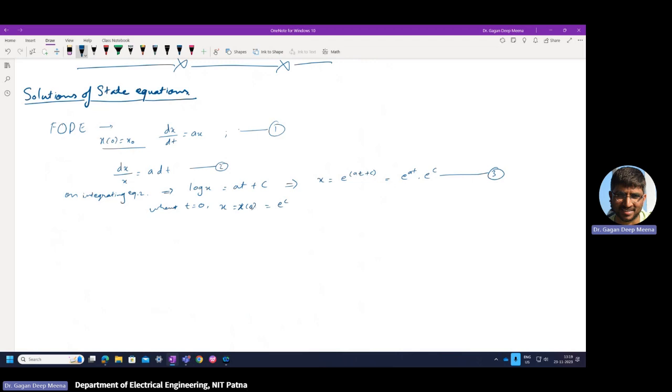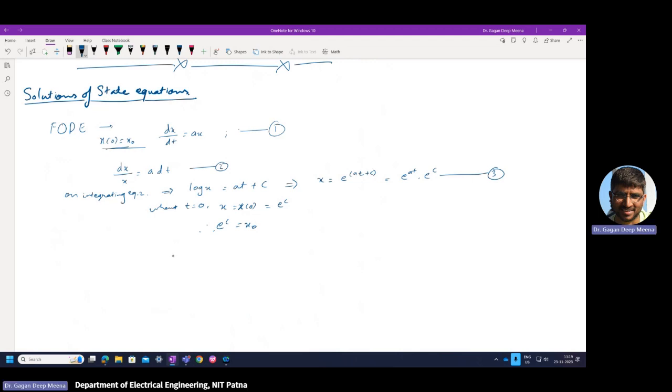Equation 3 can be rewritten by putting in the value of the initial condition. We know that e to the power c is equal to x0. Now we substitute this initial condition to find the solution of the first order differential equation.